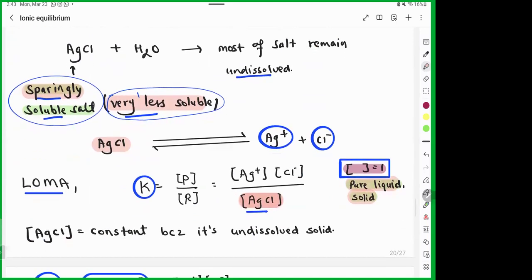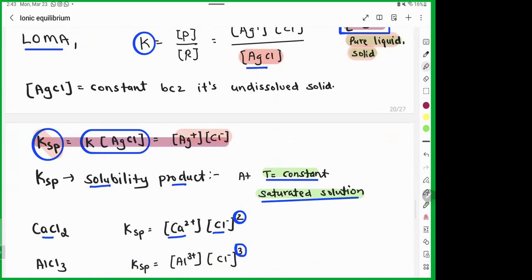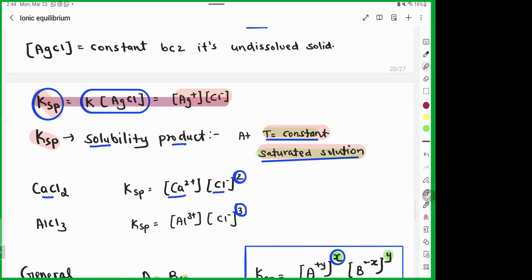When you multiply K with AgCl, you will get one word, Ksp, solubility product. And Ksp is equal to the multiplication of the products. Ksp is used at constant temperature, for a saturated solution, and a sparingly soluble salt, meaning a very less soluble salt.